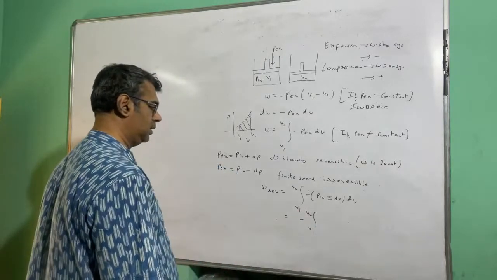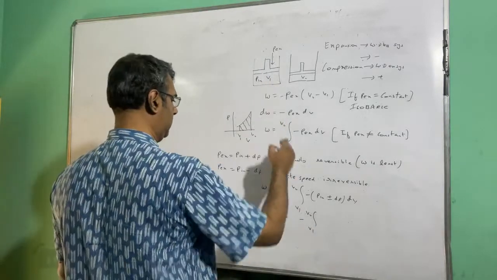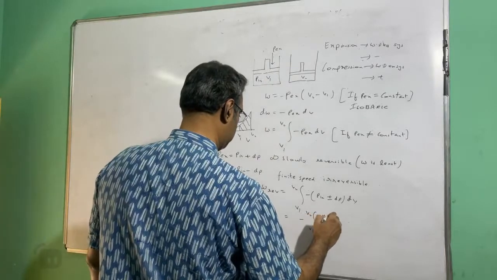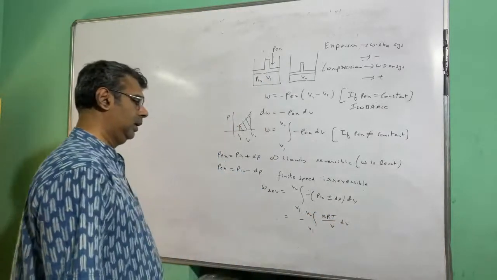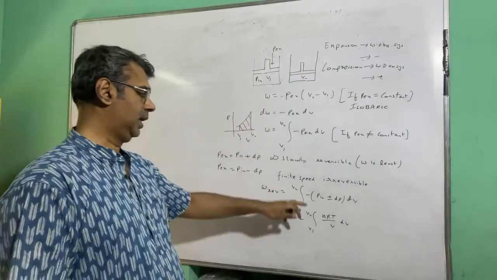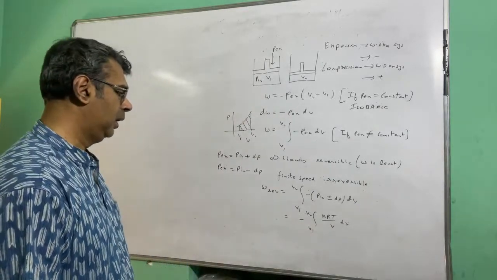Now PIN is the pressure of this gas, like I said, so that will be nRT by V.